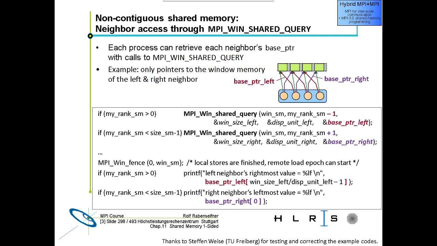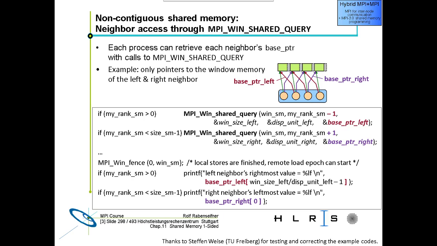When we have this, then we are changing the reference to the base pointer. It is something that we cannot refer to generally in every process, and therefore if we want to understand where the base pointer of each of the processes begins, then we have to use MPI_Win_shared_query.